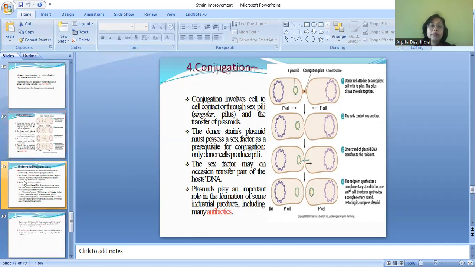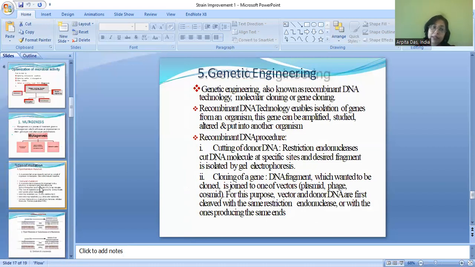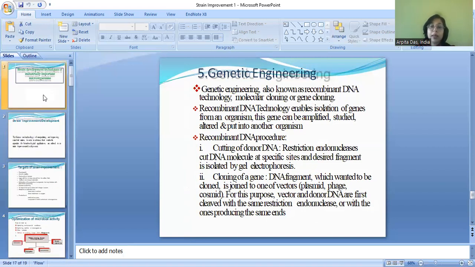Besides these, there are other methods like genetic engineering and recombinant DNA technology. Like cutting of donor DNA with restriction endonuclease, which cuts the DNA molecule at specific sites in the desired fragment, and cloning a gene. That also comes under genetic engineering. So these are the different methods of strain improvement.